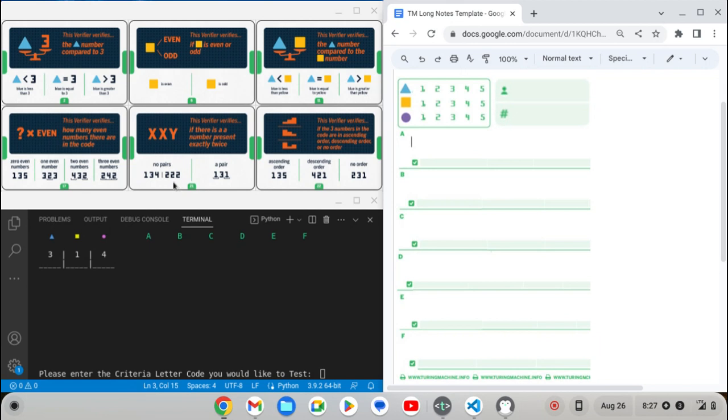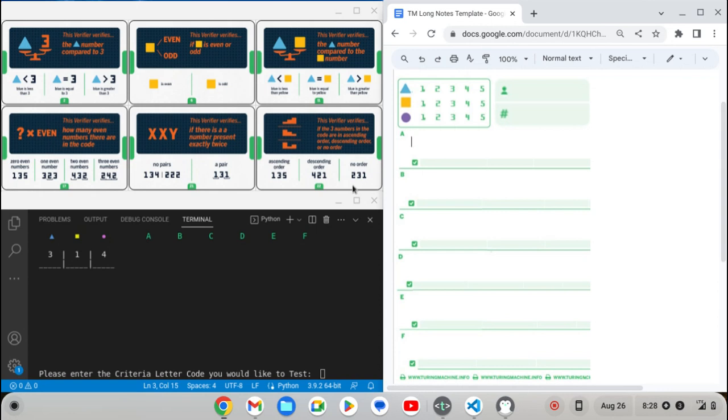And finally, criteria card F looks at the 3-digit solution and will let us know a little bit about the order of the digits from triangle to square to circle. Should they be in an ascending order, meaning that they're increasing, as in the example 135, or are they in a descending order, such as 421, or potentially they could have no order.